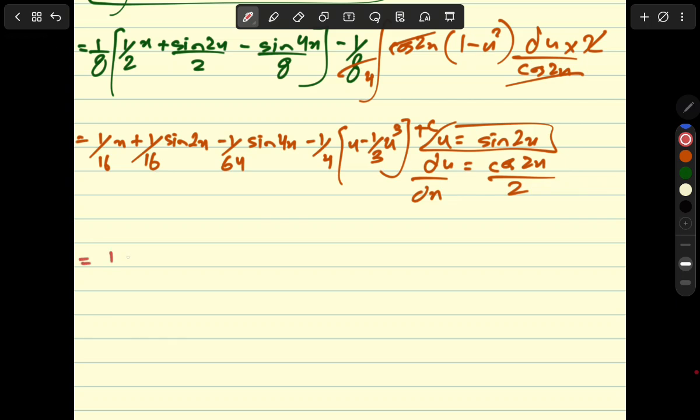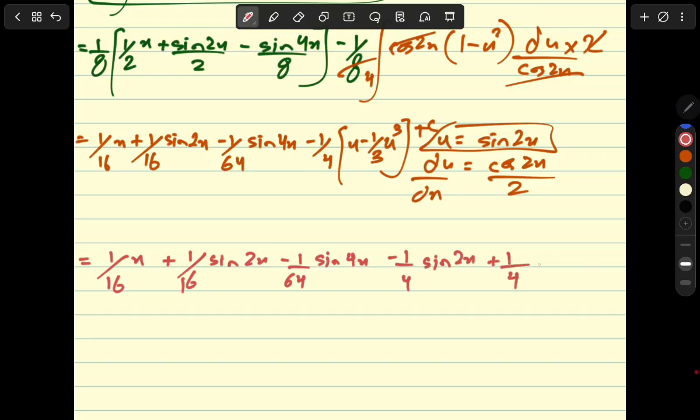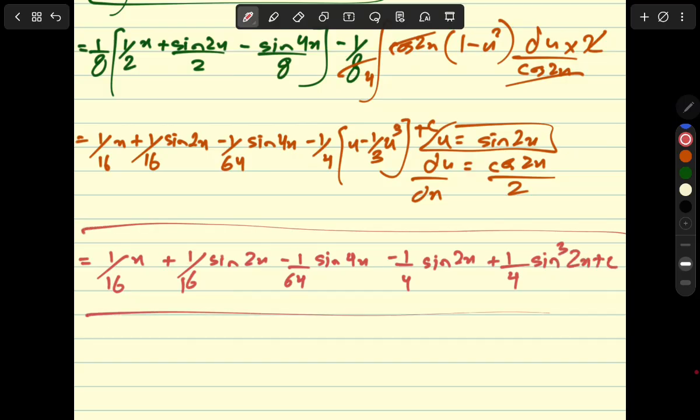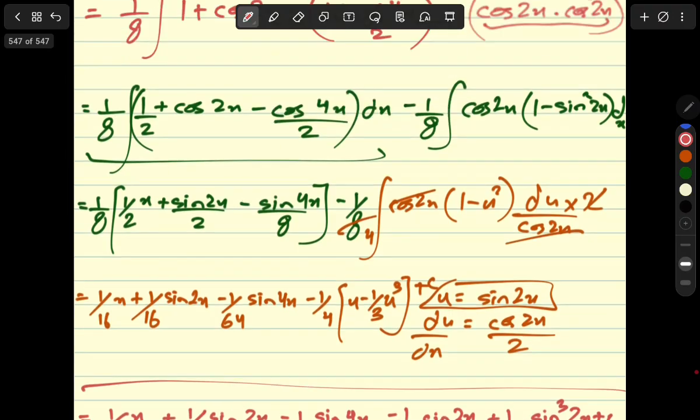So that's going to become 1 upon 16 of x plus 1 upon 16 of sine 2x minus 1 upon 64 of sine 4x minus 1 upon 4 sine 2x, and plus 1 upon 12 sine cubed 2x, and a constant of integration, and that's your final answer, right?